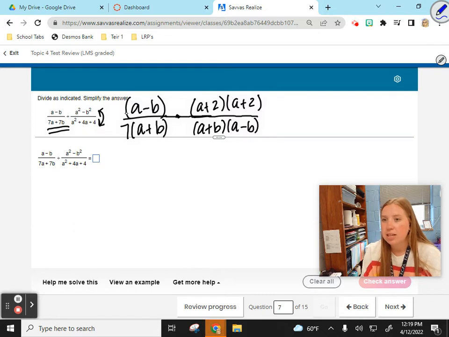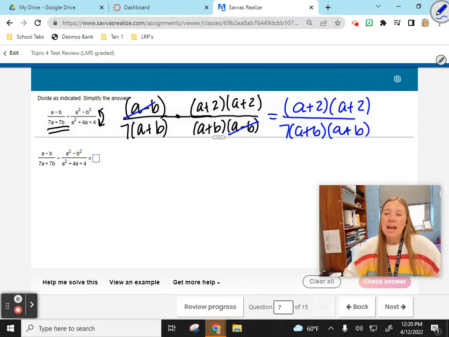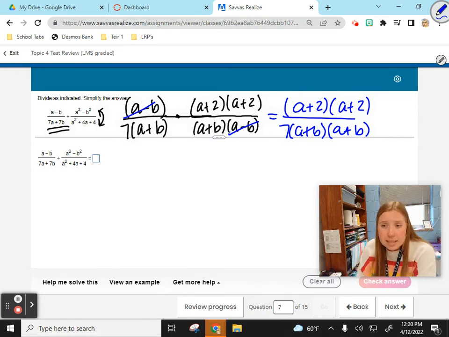So just like we had in our last problem, we're going to simplify by canceling out our common factors. And what I'm left with is a plus 2 times a plus 2 divided by 7, a plus b, times a plus b. And this looks a little funny because we have the same factors in the numerator and the denominator, like they're repeated.